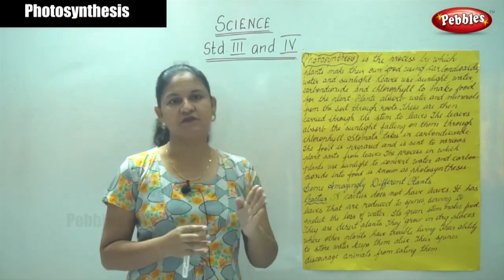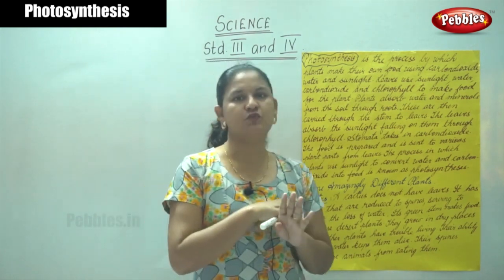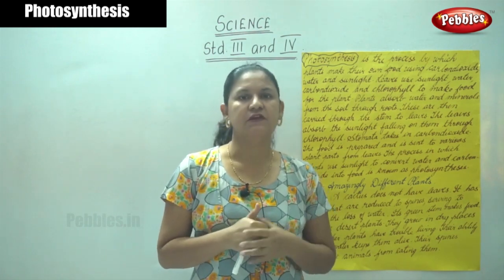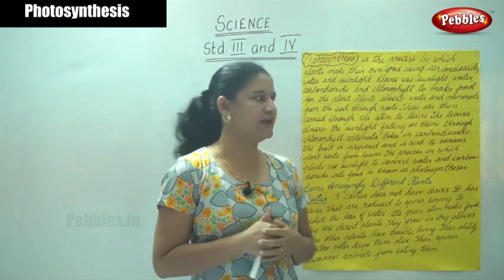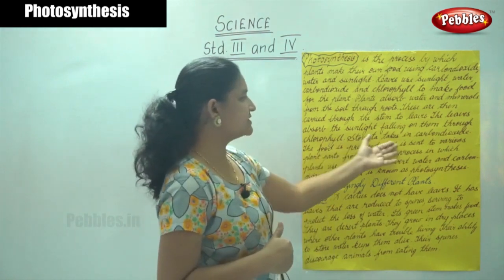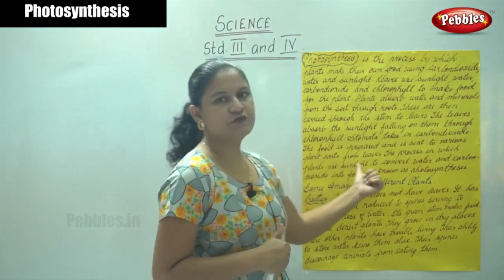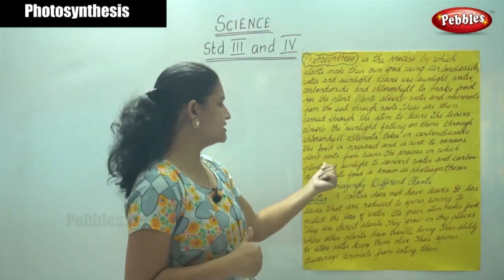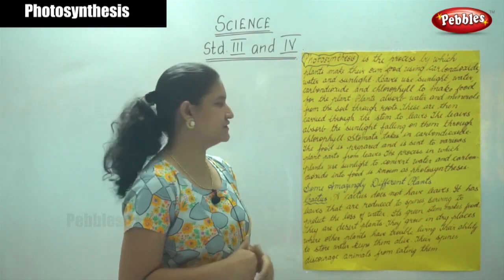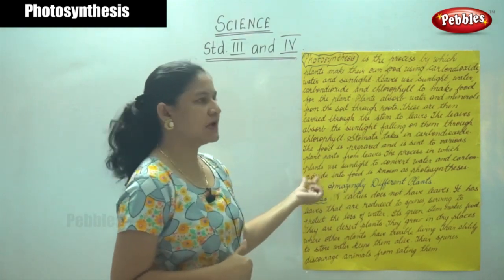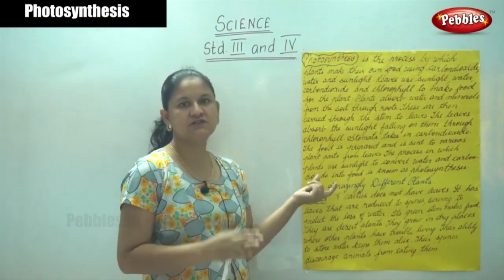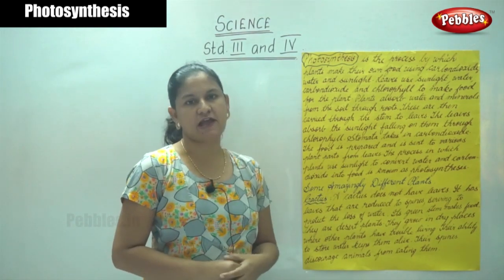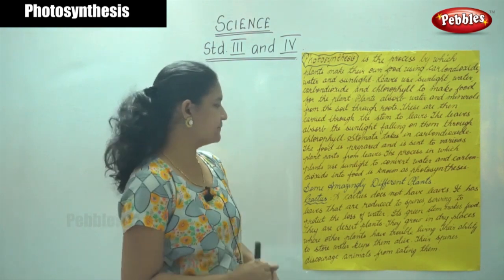If you take a leaf, on the underside of the leaf you will find tiny pores that absorb the carbon dioxide. The food is prepared and is then sent to various parts of the plant from the leaves. The process in which plants use sunlight to convert water and carbon dioxide into food is known as photosynthesis.